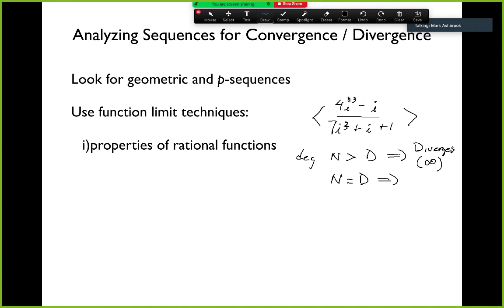For really big values, all the lower powers of i will kind of fade away compared to cubing it. Eventually, this will fade away because it's so small compared to this, and then the i cubes will go away and it will converge to 4/7. So it converges to the ratio of leading coefficients.